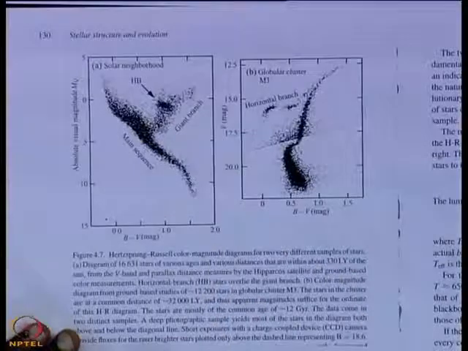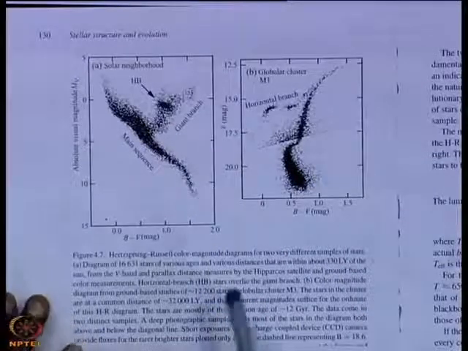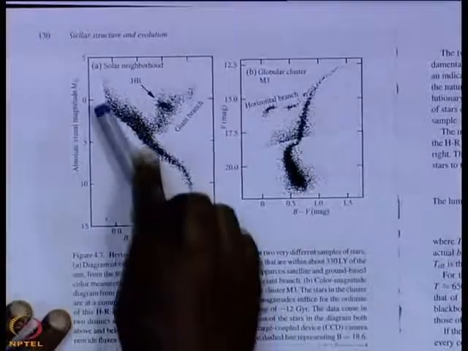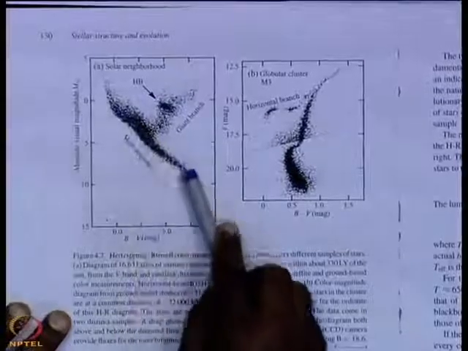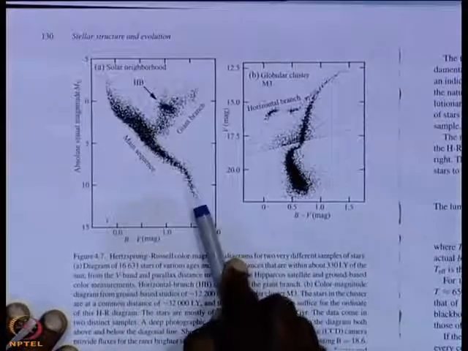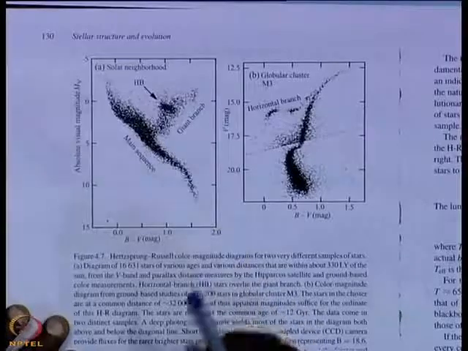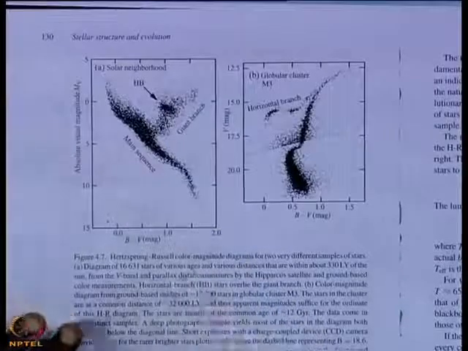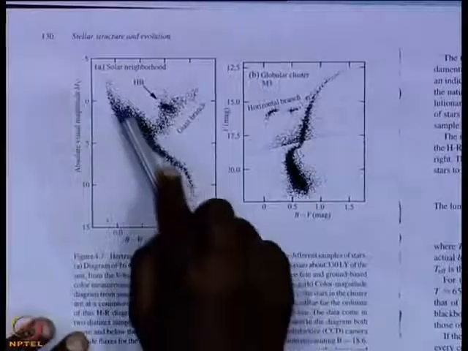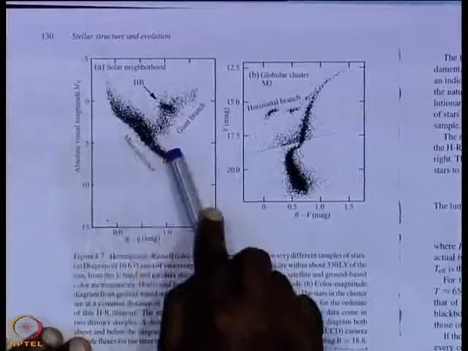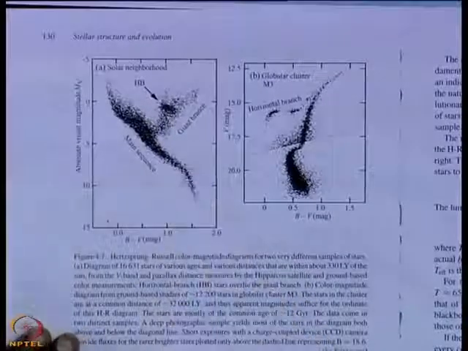The main sequence is where stars first lead a large part of their life. When stars are first formed, they are formed on the main sequence. They lead a large part of their life burning hydrogen.